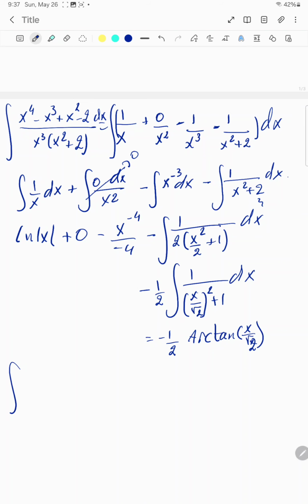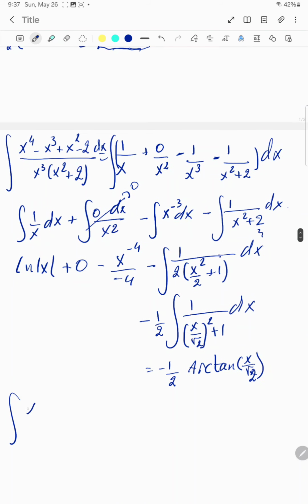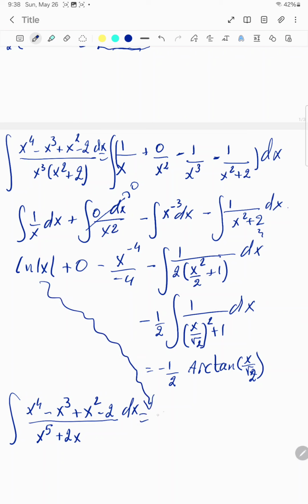So my integral here of (x⁴ − x³ + x² − 2) dx divided by (x⁵ + 2x) is equal to ln of x, plus 0, I'm not going to put it, minus, minus divided by minus is plus.